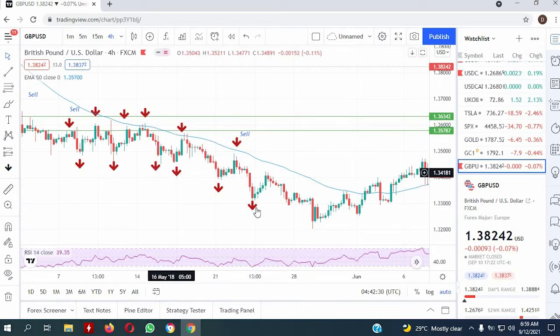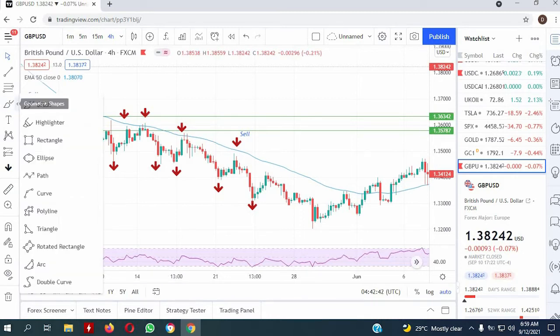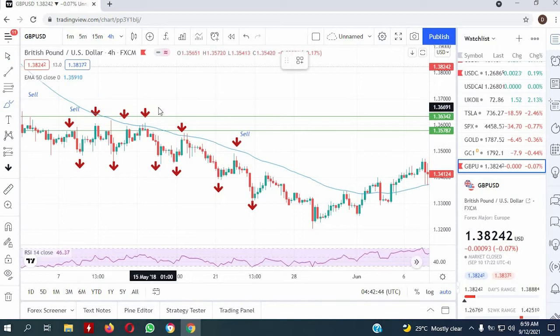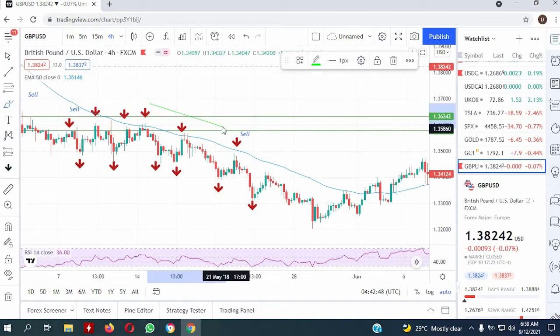And if you realize, the arrows are sloping down when we get the confirmation of 2 or more lower highs and lower lows. If you realize, the arrows are pointing in a downward direction. So there's a high probability that when you get 2 or more lower highs and lower lows, the market will push further down, right?